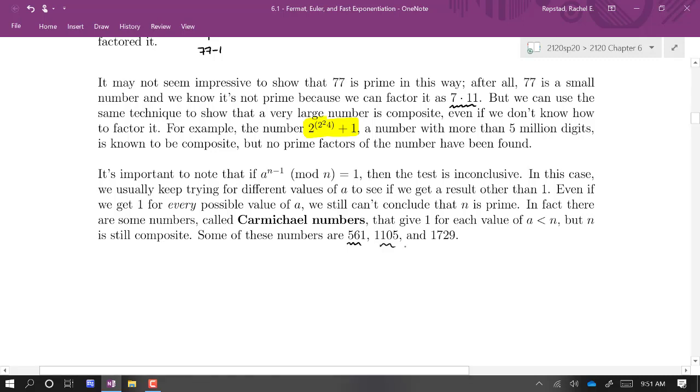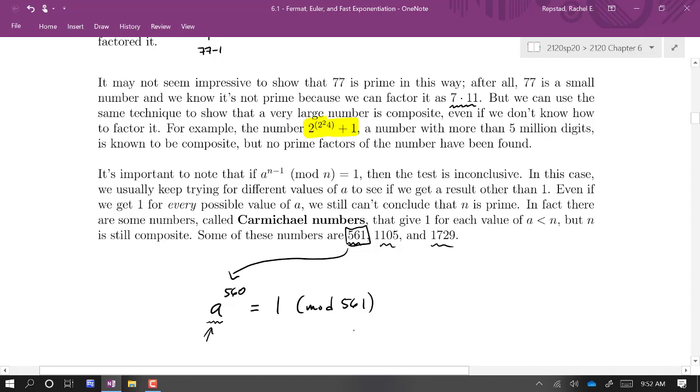So here are some examples of Carmichael numbers. And what I mean by that is, if I look at 561 and I take a to the 560, if I let this value a run through lots of values, as long as the numbers have no common divisors with 561, and I reduce mod 561, you'll see that you just keep getting 1 over and over and over again.